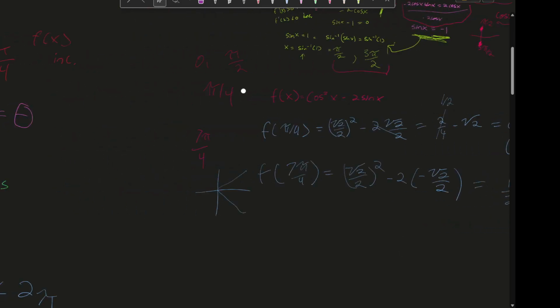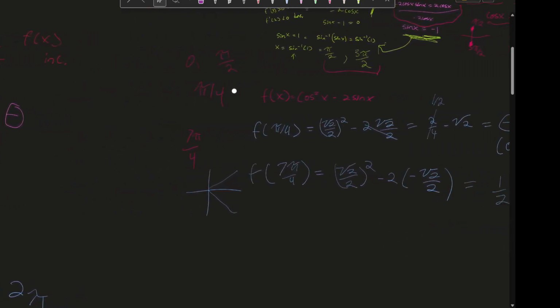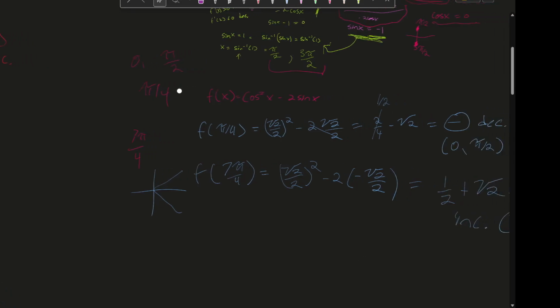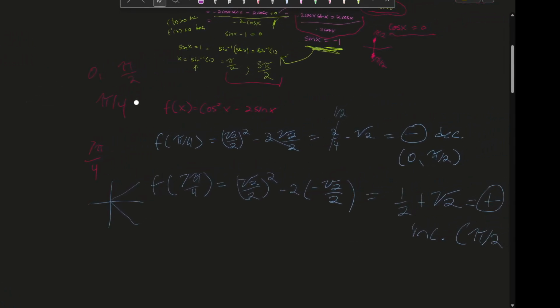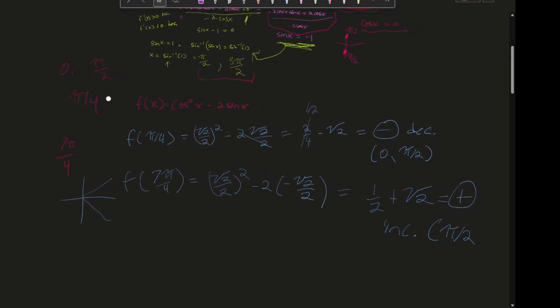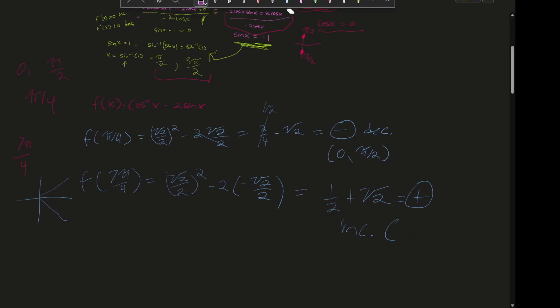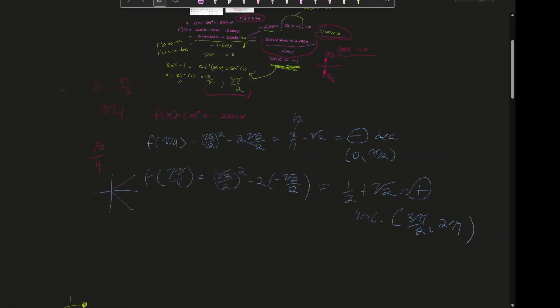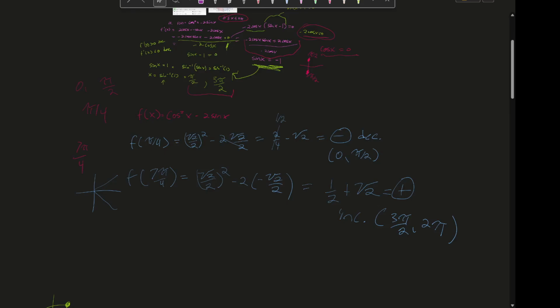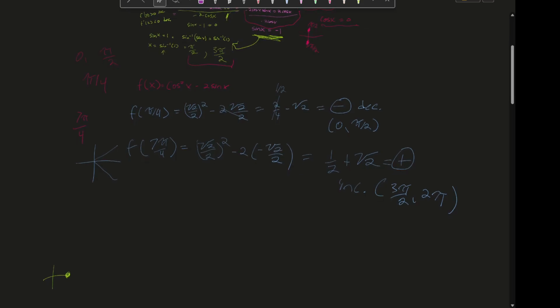Okay, that's increasing on 3 pi over 2 to 2 pi, and I'm a silly goose because I forgot to pick a reference angle in between pi over 2 and 3 pi over 2.